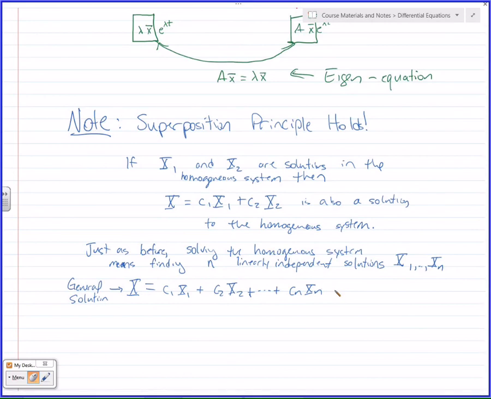Okay, and checking if they're linearly independent is actually using a Wronskian, but the Wronskian for systems actually doesn't even need derivatives. I'll show you that at the beginning of class next time, but we'll start on Thursday solving some systems.